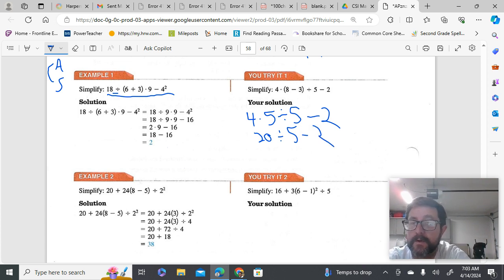Now we do the 20 divided by 5, because we just multiplied by 5 and now we're dividing by 5. So really those two eliminate each other, but it's still best to do the full operation. So 20 divided by 5 is 4. Now we're doing 4 minus 2 equals 2. And that would be our answer.